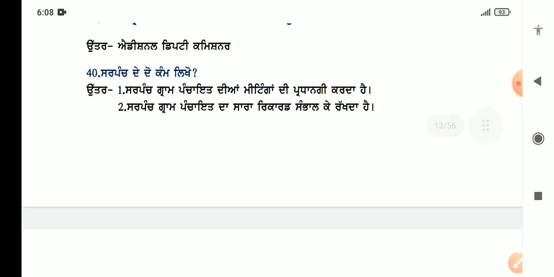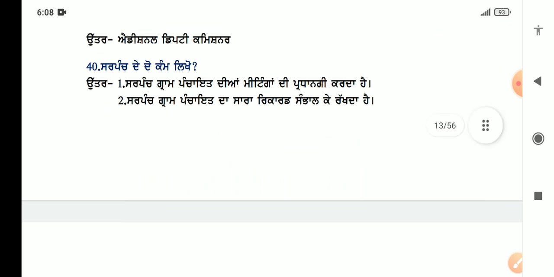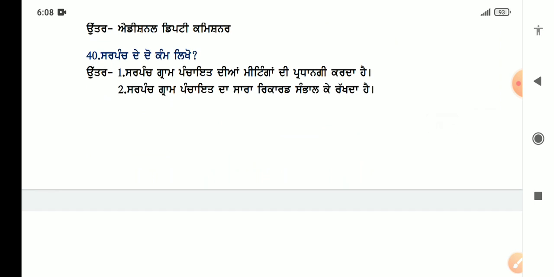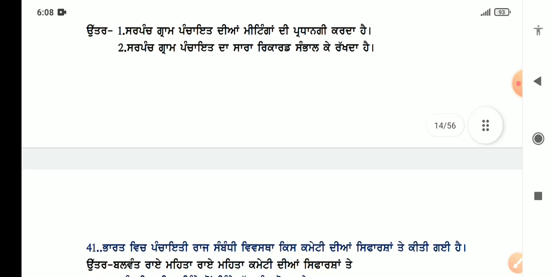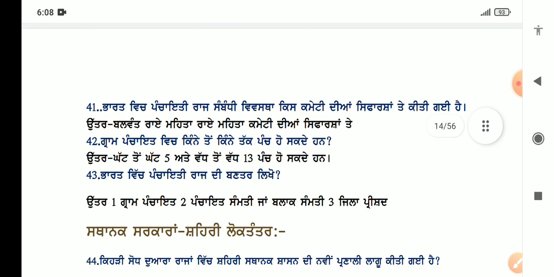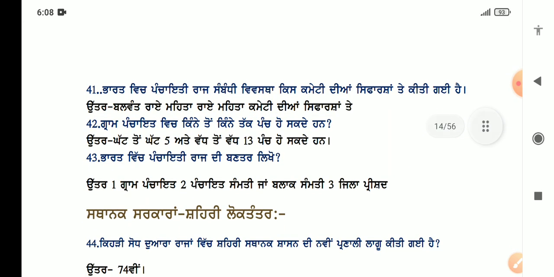Right to work of Sarpanch. One is to preside over the meeting of Gram Panchayat. Another one is to keep the records of Gram Panchayat. Next question is, on which committee's recommendations has Panchayati Raj been instituted in India?